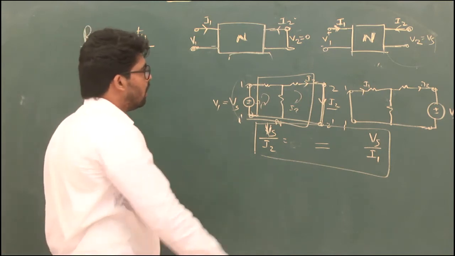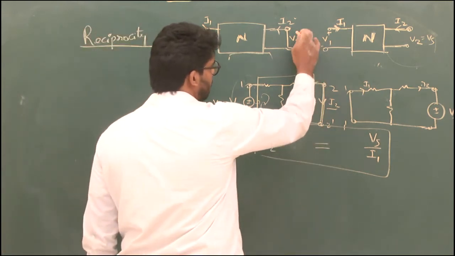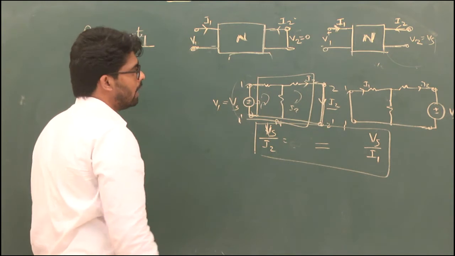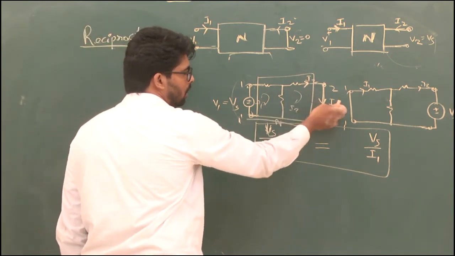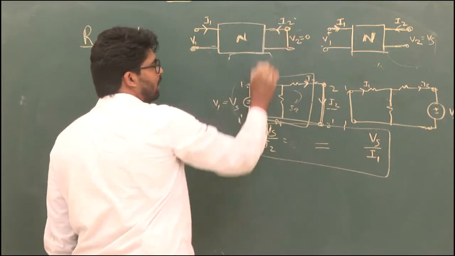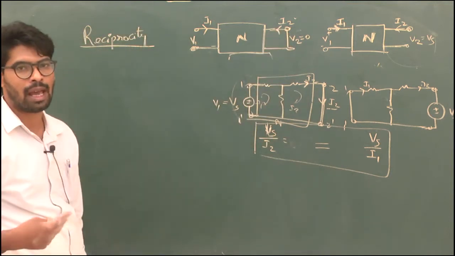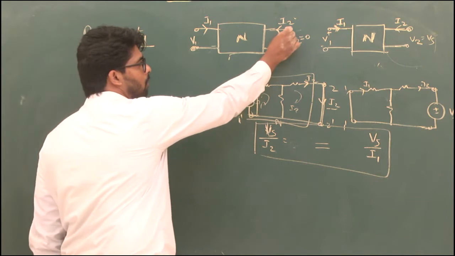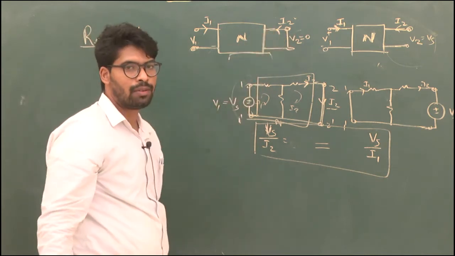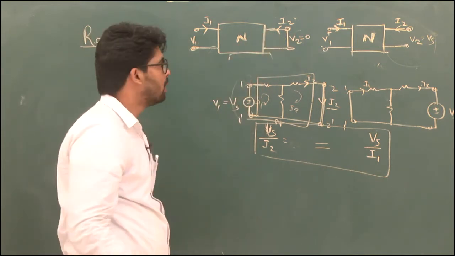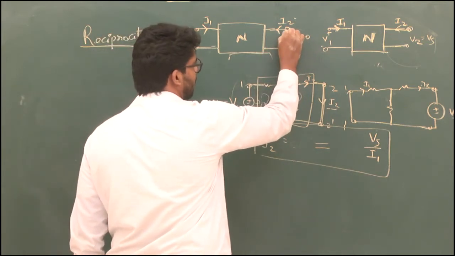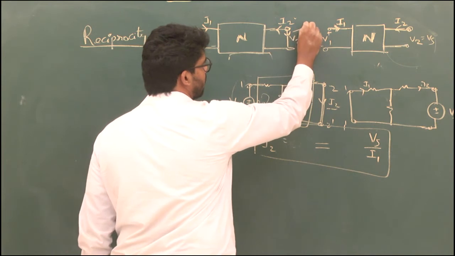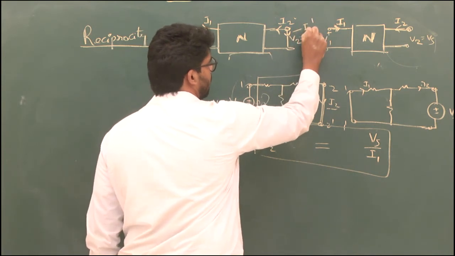Okay. Now, by shorting this output terminal, again, I am getting the response from circuit to output. In general, we conventionally have the current flowing from output to input network. But to specify the reciprocity theorem, we have to consider the current like this. That is, the naming of this current is I2 dash.